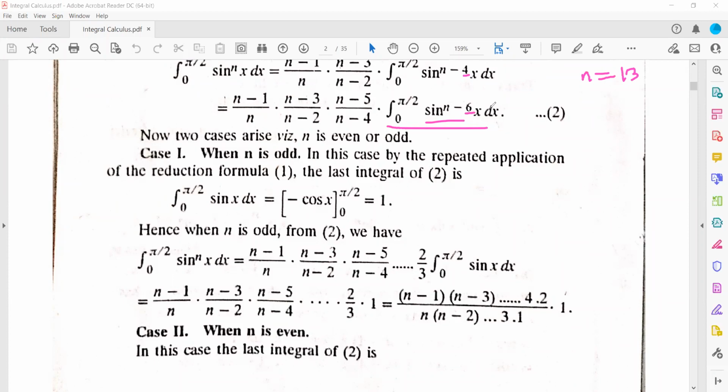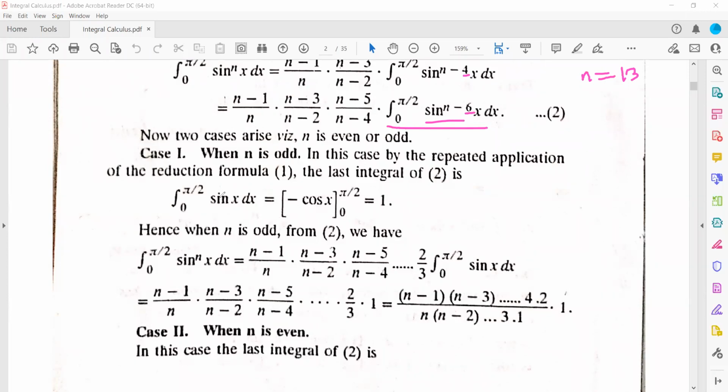So in the last term, the power of sine we are getting is 1. That means you will get the integral from 0 to pi by 2 of sine x dx.